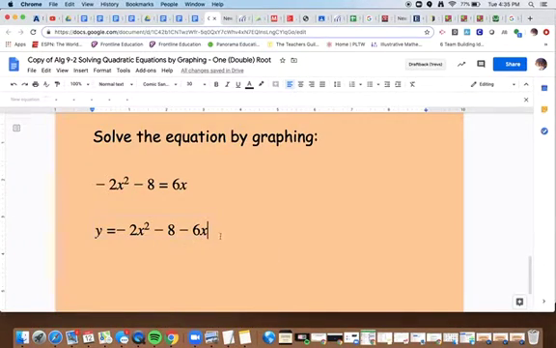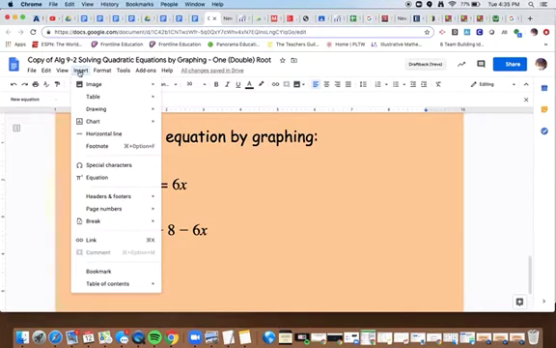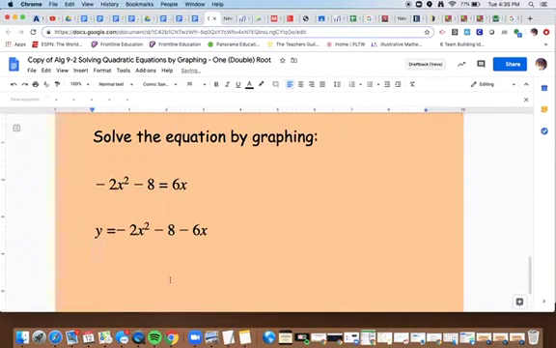And then I am just going to rewrite this one more time for you so that we are completely in agreement that it is in standard form. I can't make you do things like this if I'm not willing to adhere to the same conventions. So you've got negative 2x squared minus 6x minus 8.